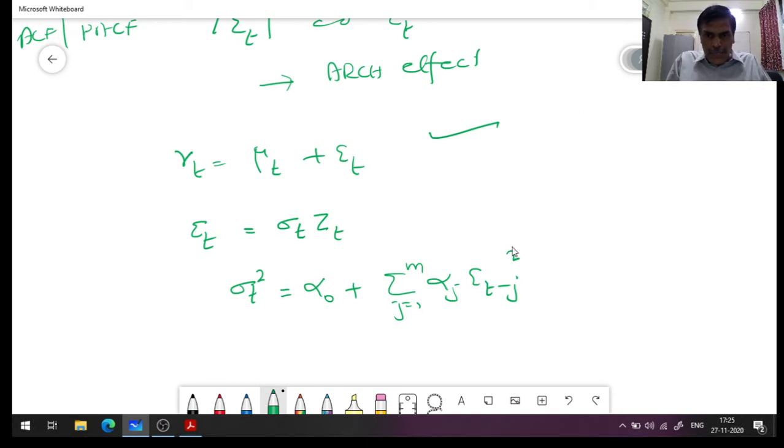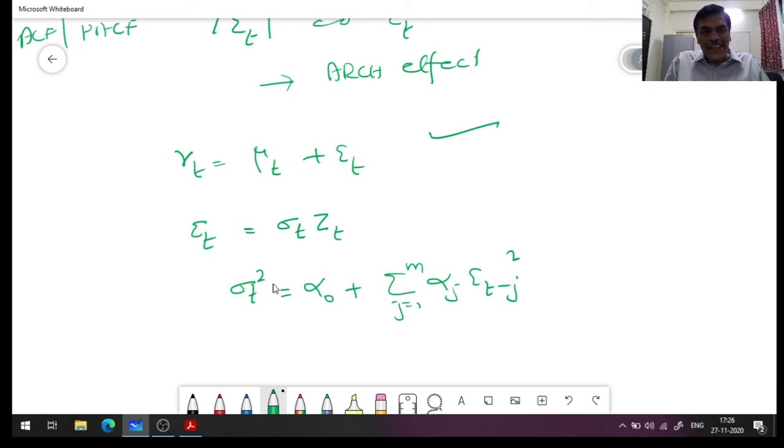These epsilon t minus j squares are the residuals, or the observations, which are available at time point t, because t minus 1, t minus 2, up to t minus m will be available. And this is not like the usual regression problem, because in the usual regression problem this is a response and it is observable, whereas in our case this is not observable.